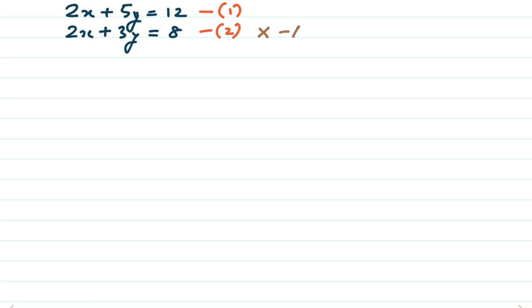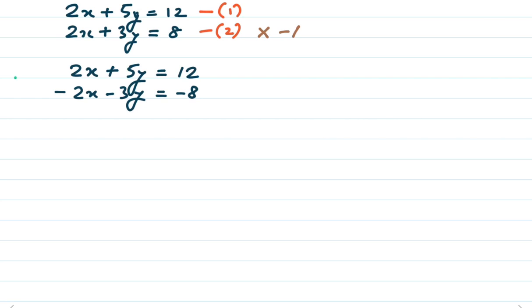See what happens to my first equation then. It remains the same, which is 2x plus 5y is equal to 12. But my second equation now becomes negative 2x, negative 3y is equal to negative 8.